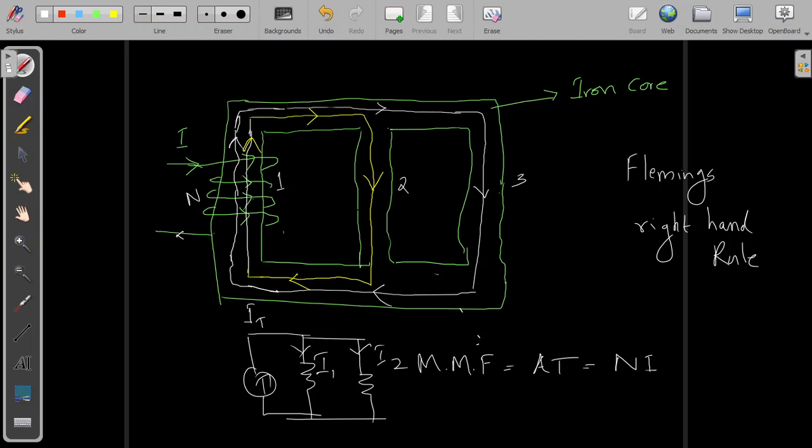So you can define here two paths. I am naming this limb as P, and the horizontal section as Q, and this limb 2 is R, and this horizontal section is S. And another path is PQ, and this horizontal section I am calling T, and this limb 3 is U, and this again horizontal section V. So we have two paths.